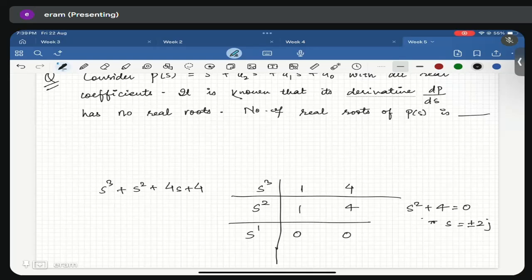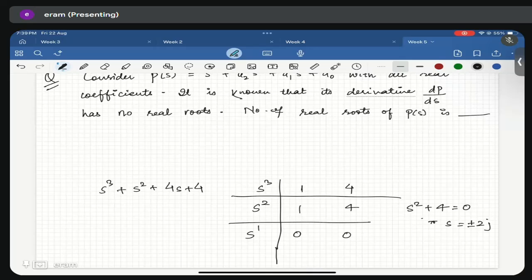But while finding the roots of this polynomial using Scilab, a software similar to MATLAB, in these complex roots there is a positive real part, but it is very small, 2.22 into 10 to the power minus 16.